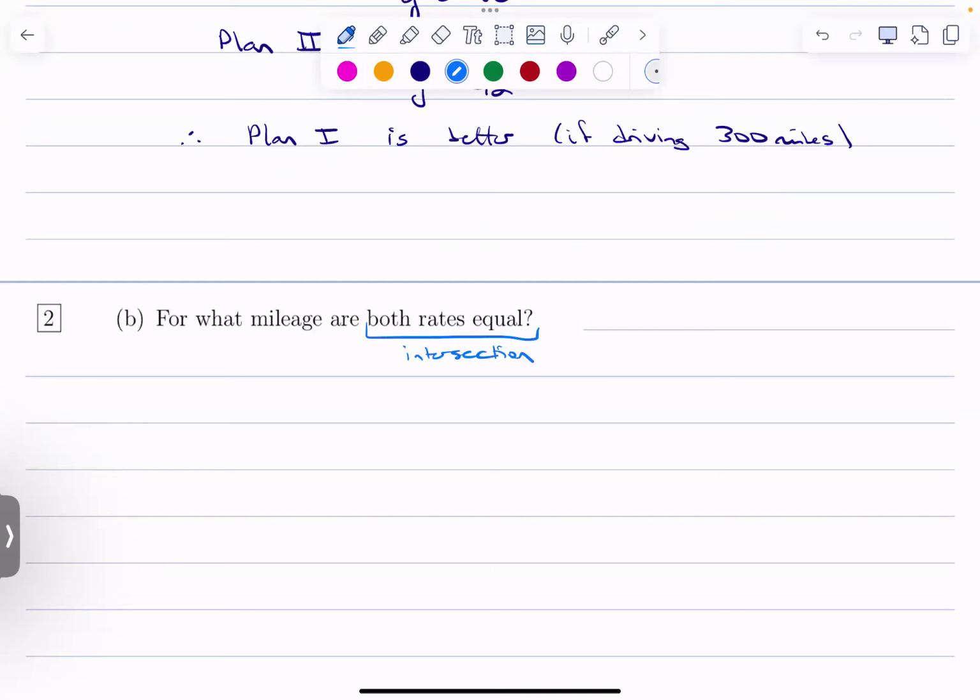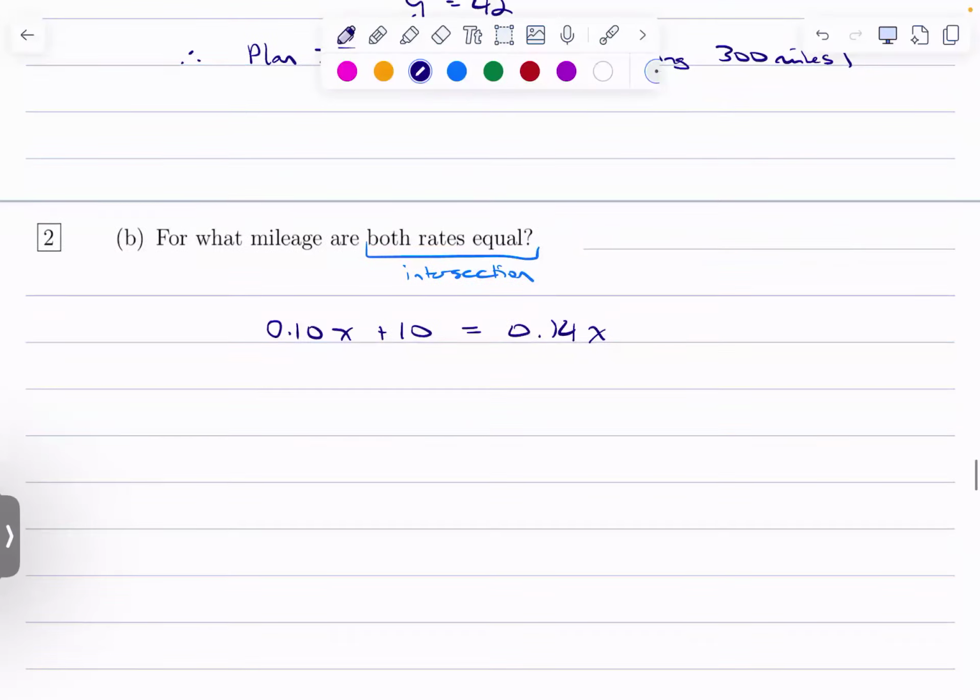The intersection. So we have 0.1x plus 10, and I'm going to force it to be the same as 0.14x, and I'm going to solve for x. Moving things over, 0.10x minus 0.14x is equal to -10.